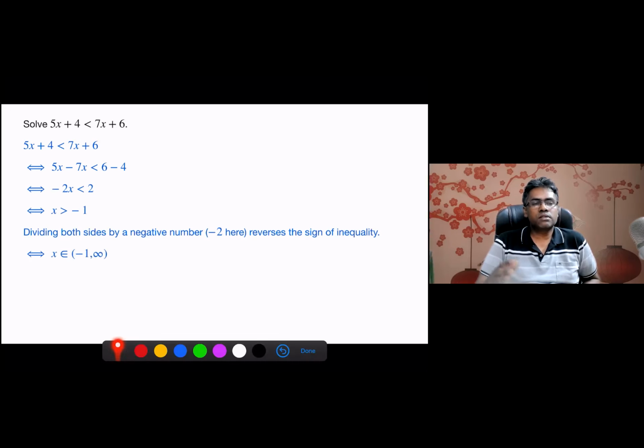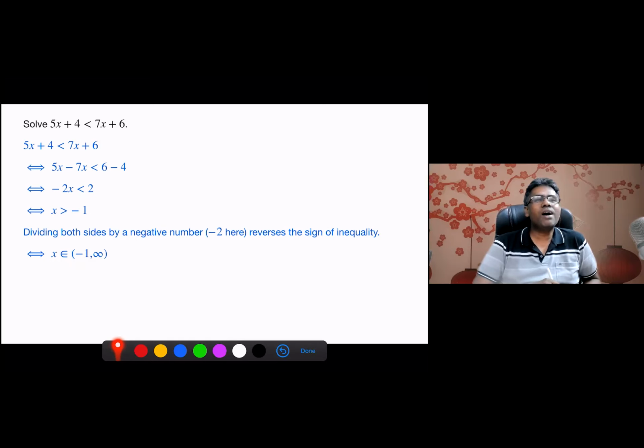So x belongs to -1. Here you need to use the open bracket, not curly braces. Very good. Sir, I haven't switched the sign. What is that? Oh, okay. I told the answer is x is greater than, but in my book I wrote x is less than.